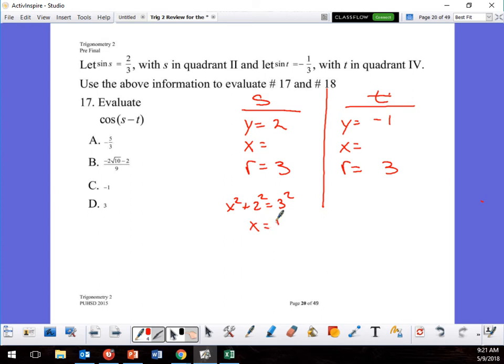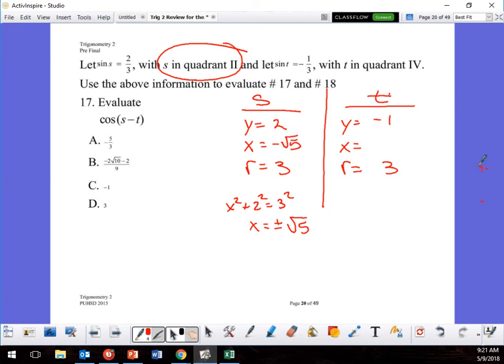X equals plus or minus square root of 5. Now, I know that s is in quadrant 2. What do we know about quadrant 2? The x value is negative in quadrant 2. So I know this has to be a negative rad 5.